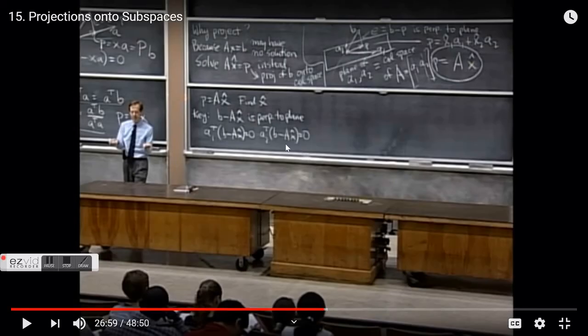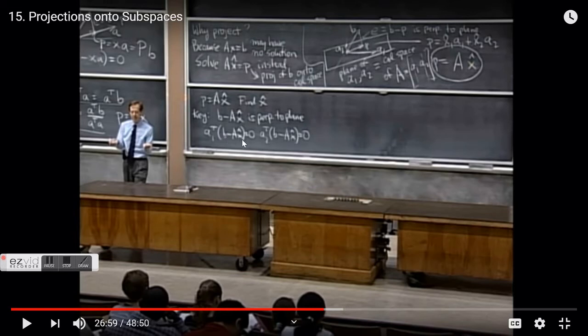So let me show you that equation in a little more detail. In this case, your matrix A has to be perpendicular to E. But since your column space is made from A1, A2, both these vectors, A1 and A2, should be perpendicular to E. So both of them should be 0.